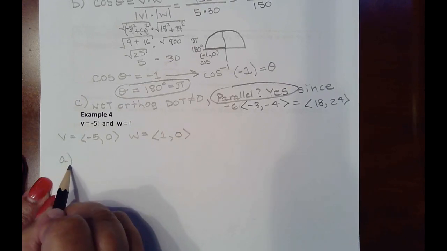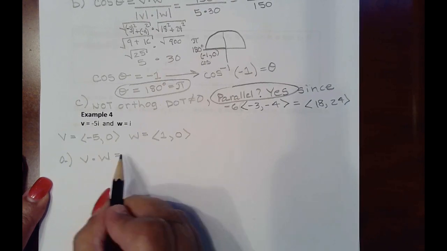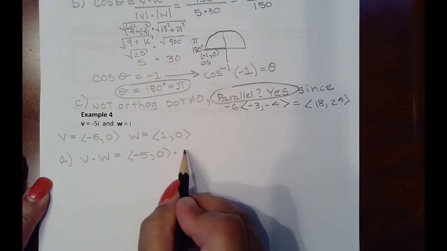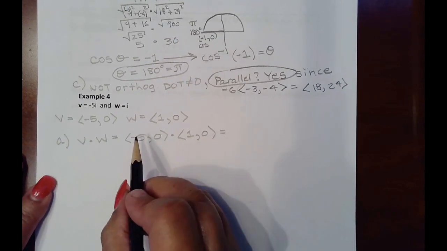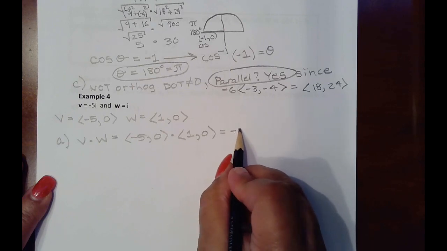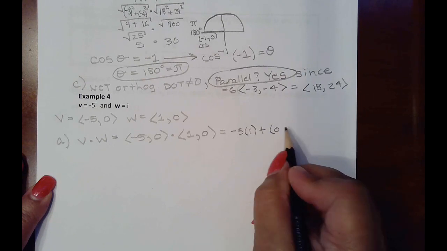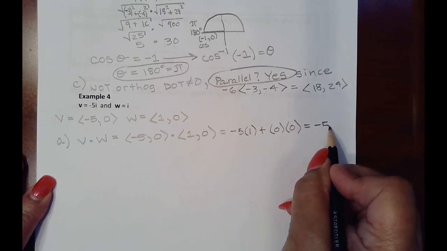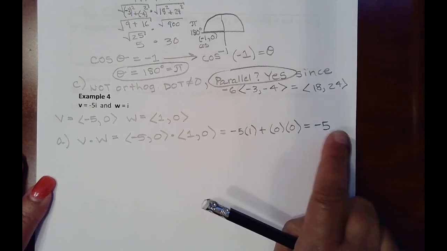So when we do part A, where we do the dot product of these two vectors, it is negative 5, 0. I'll keep this one in component form, times 1, 0. And that's just the formula, which says it's front times front plus back times back, which is just negative 5. Okay, your dot product is just a scalar. It's a value.